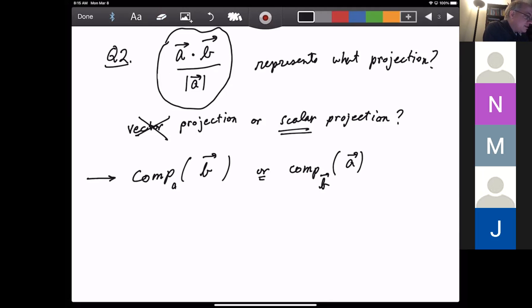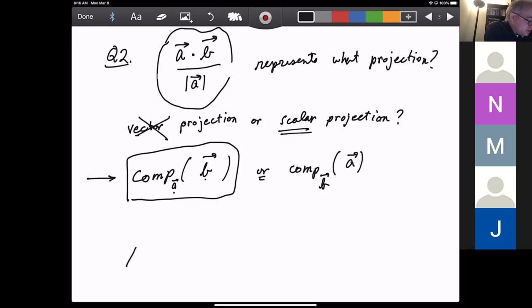We use this notation: component of B along A or component of A along B. So which one goes along with the ratio we have here? It helps to think of the picture that goes along with the notation. The way you read this thing that I'm boxing here is we're looking at the component or the scalar projection of the vector B along the vector A.